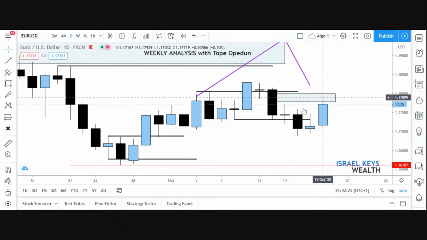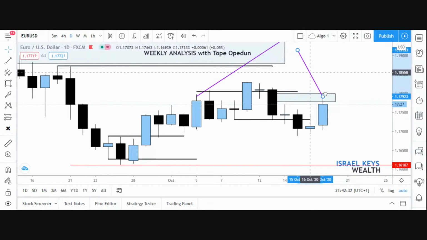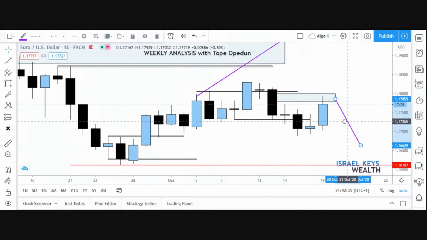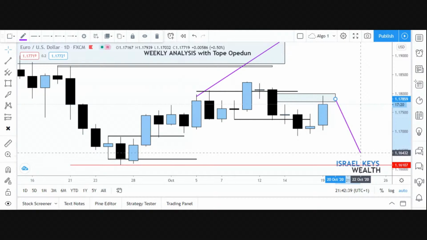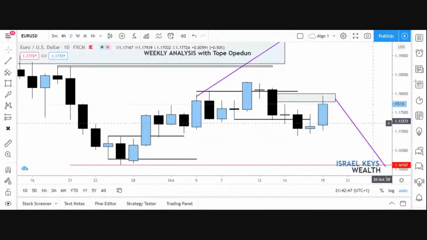This rally up, taking out these highs into this range, we should be expecting some sort of drop back down into this range, or back down to that red line. So that's what we can be expecting. Okay. All right, let's move to the next pair.